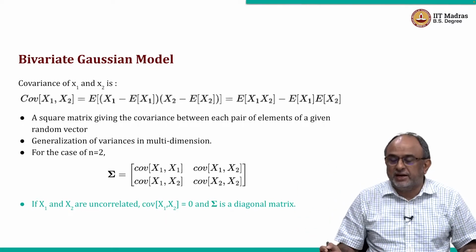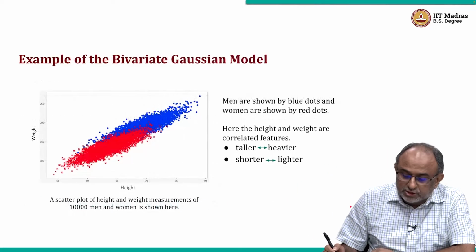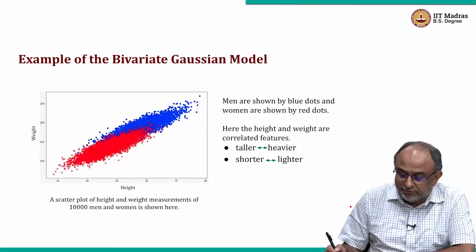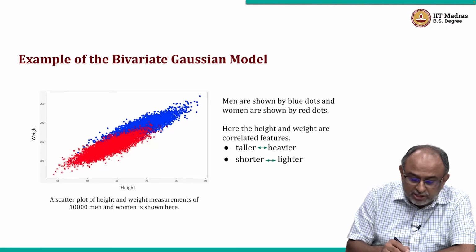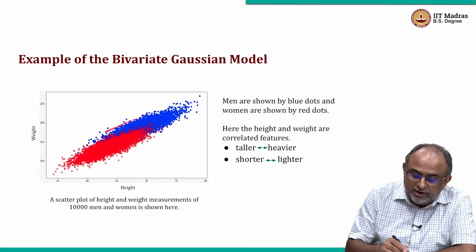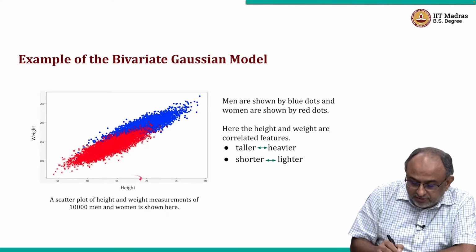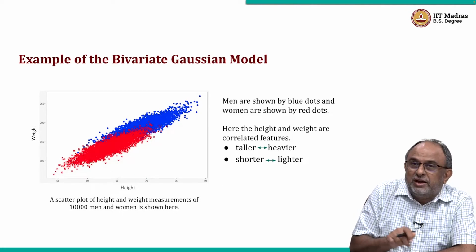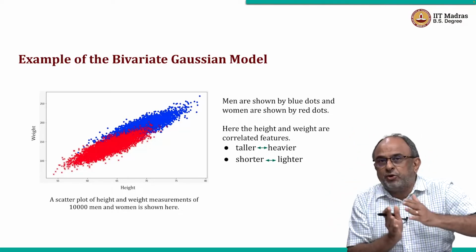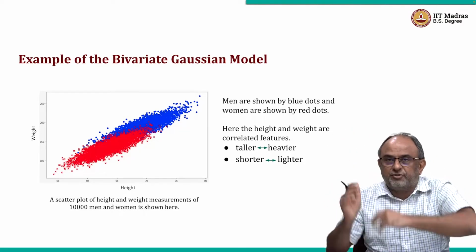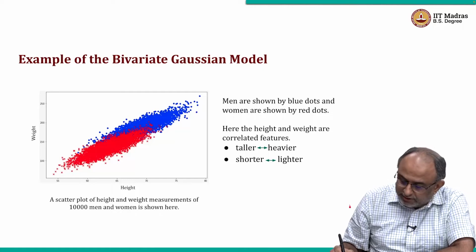That is why it becomes a diagonal matrix. Again, heights and weights are correlated, and the correlation will show up as a relationship, along a y equals x kind of direction. That is what we are trying to show here.